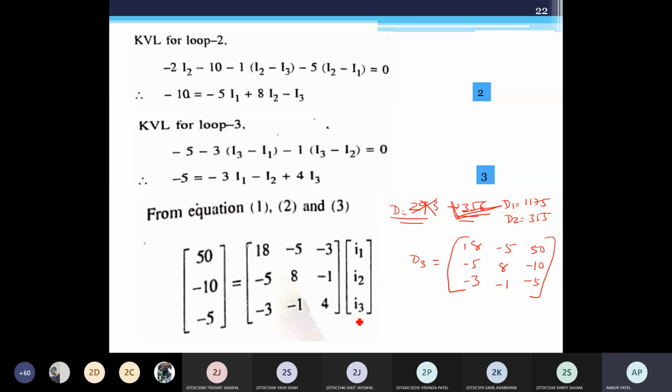So D3 equals 525. We are now verifying your answer.